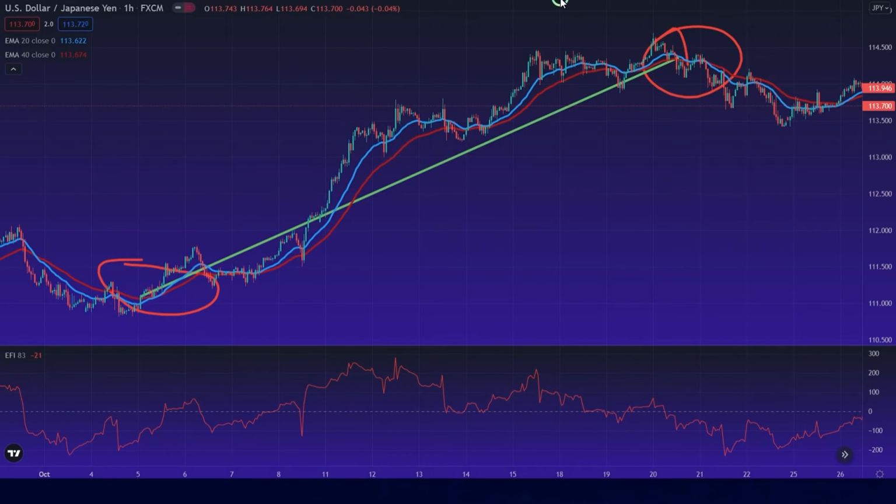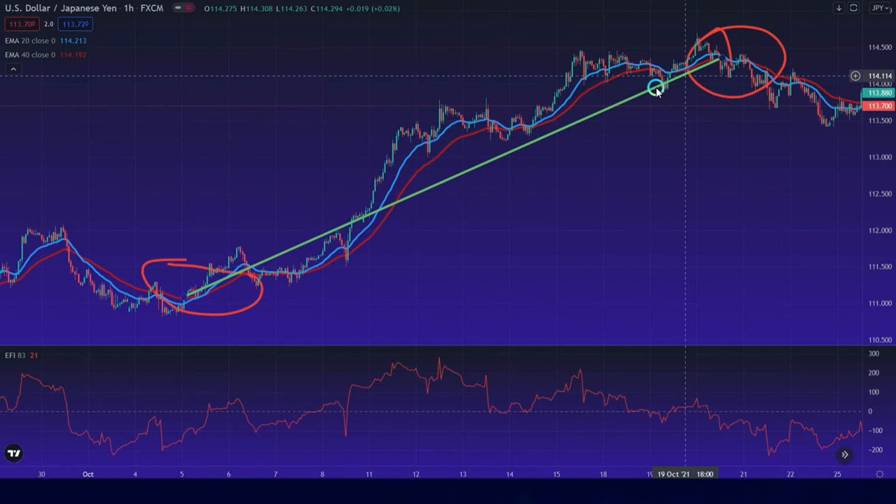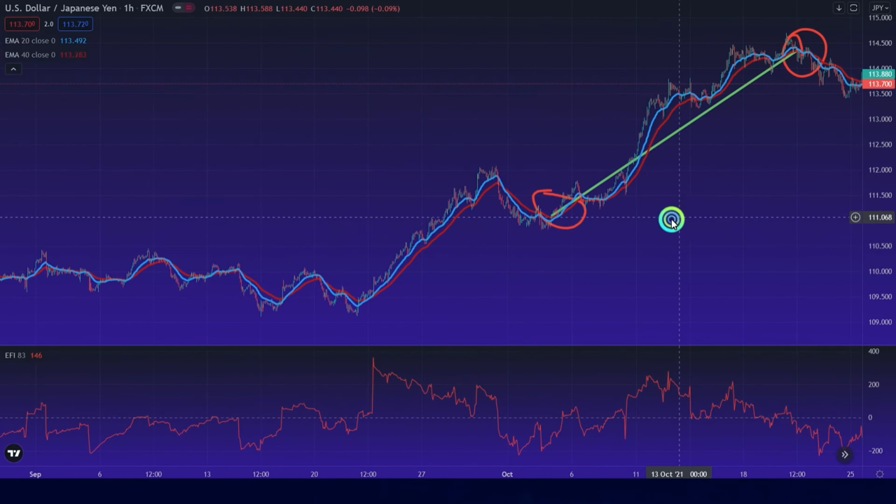Now let's see what this strategy is all about. So first I will show you a USD Japanese yen example on the 1 hour chart. What are our entry rules? We will take a buy trade. As you see, it is a pretty good buy trade, and in my opinion it shows that this strategy just follows some short-term trends and rides a good one.